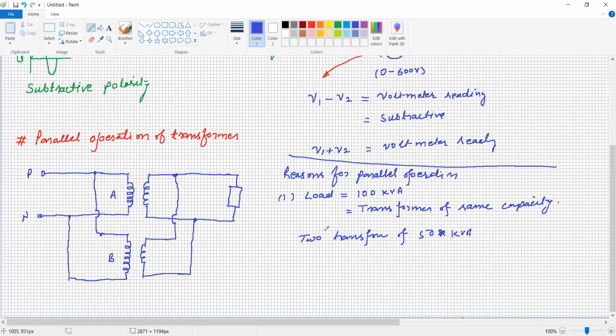And again, if the load has increased in the city, we will connect one more transformer and it will supply the power. So during expansion, during maintenance, during failure of one of the transformers, it is possible to supply the load which is necessary, the emergency conditions, or higher priority feeders can be supplied power with the help of one or two of the parallel transformers.